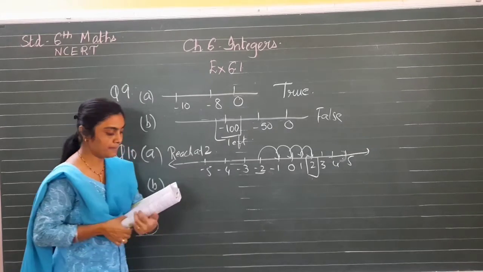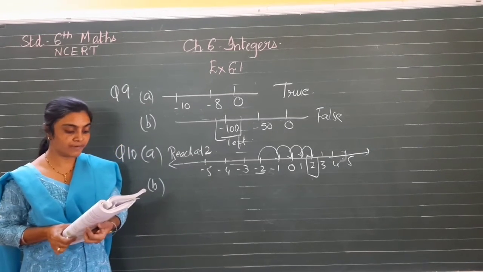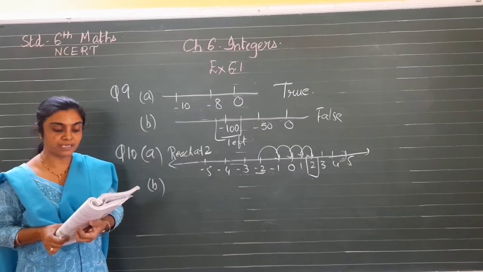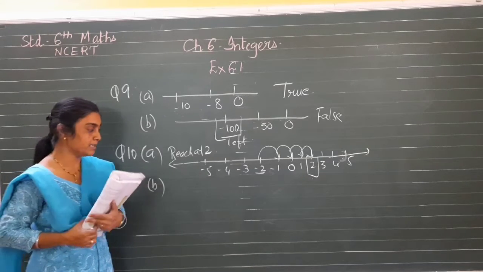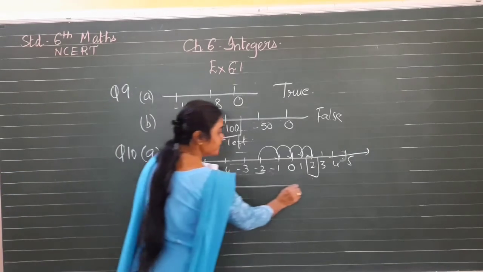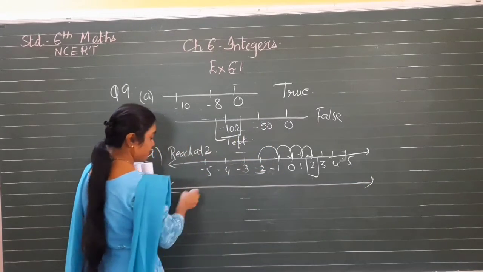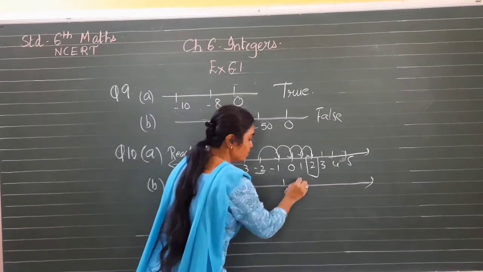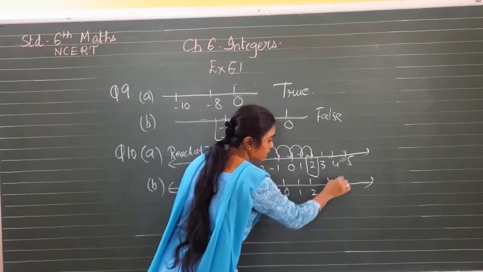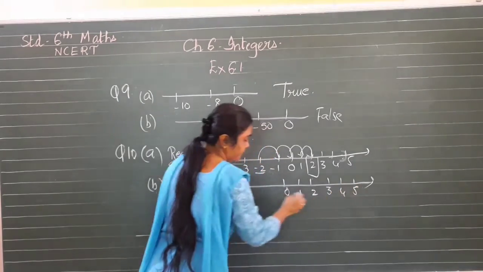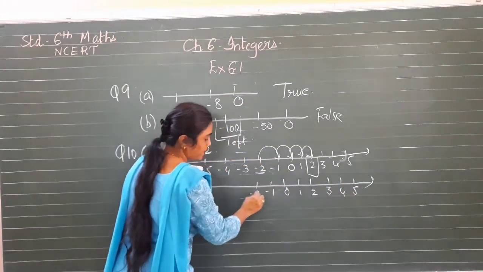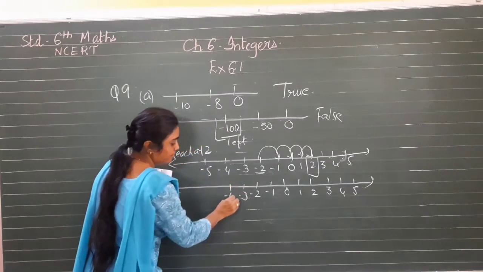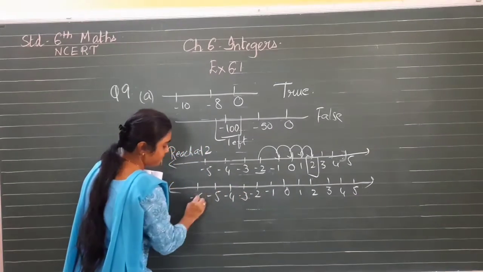Now let us see B. Which number will we reach if we move 5 numbers to the left of 1? Again we will draw a number line: 0, 1, 2, 3, 4, 5, minus 1, minus 2, minus 3, minus 4, minus 5, minus 6.